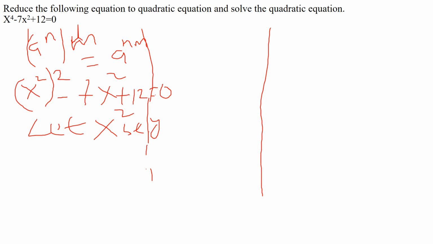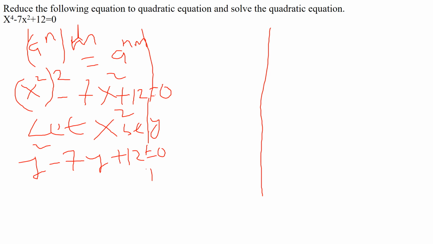So my new equation will be y squared minus 7y plus 12 is equal to 0. Now it becomes very easy to solve using the factorization method, because all I need is two numbers that I can multiply to get positive 12 and add at the same time to get negative 7.